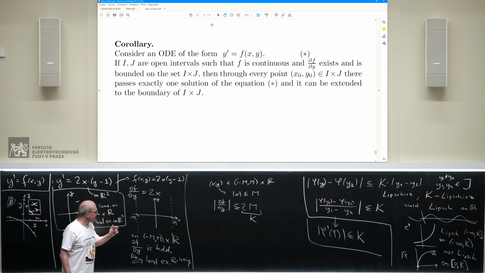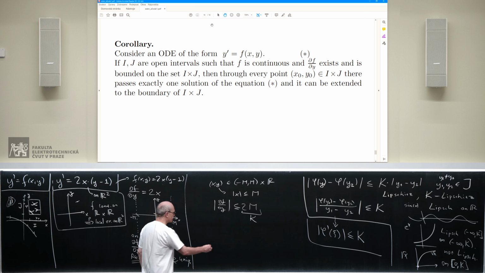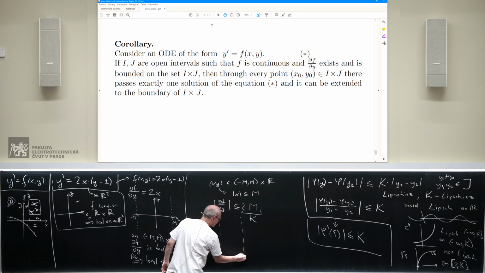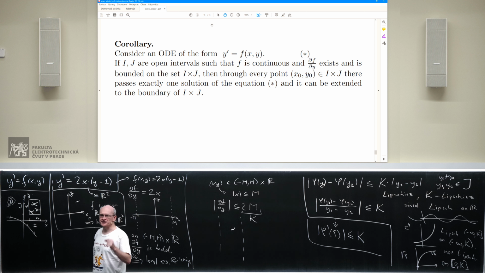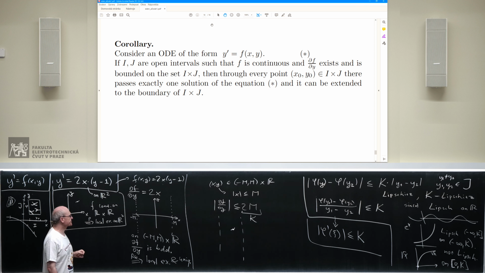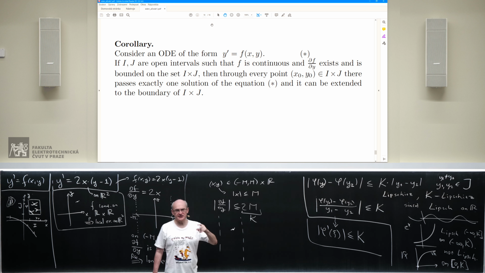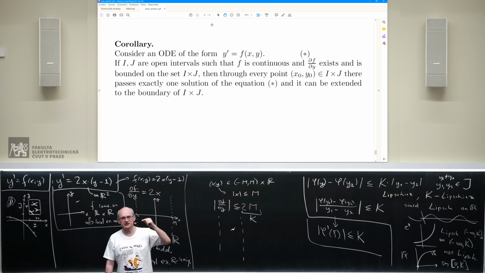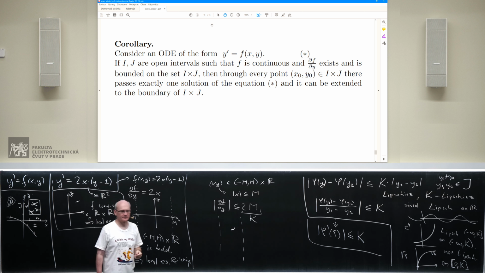Before we get to the second stage, let me make a little side trip. As I said, we are really interested in applications, in solutions that last for a long while. So what's happening here, I have this strip, and I have a local existence of solution. There is actually a stronger version of the Picard theorem, and it says, through every point of my rectangle there goes a unique solution, and it can be extended all the way to the boundary or to the border of that rectangle.